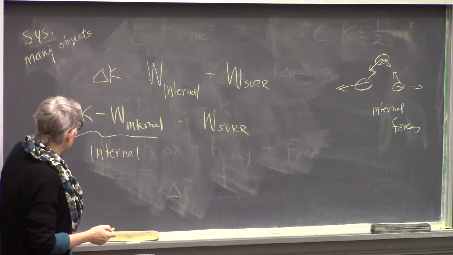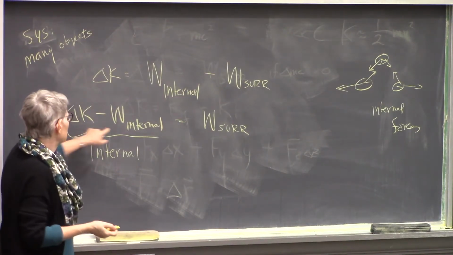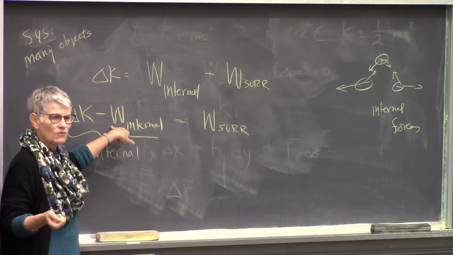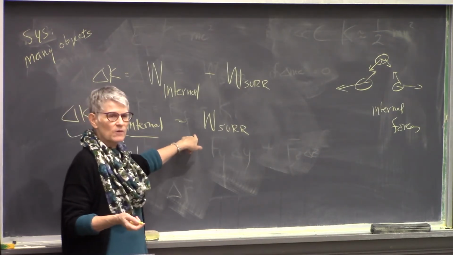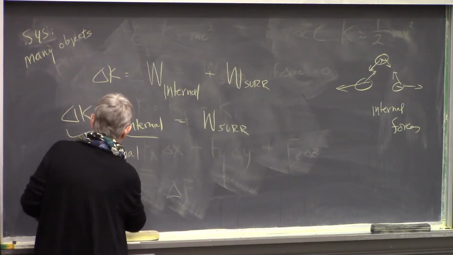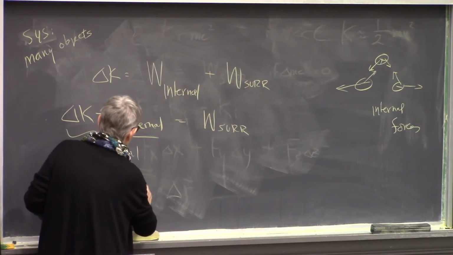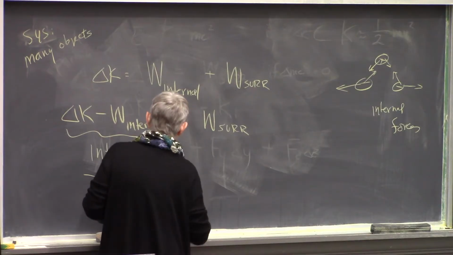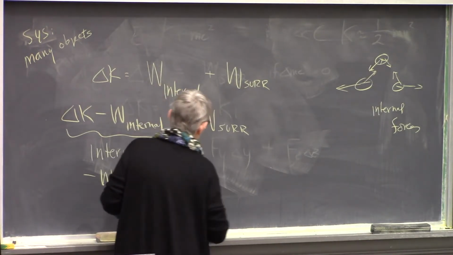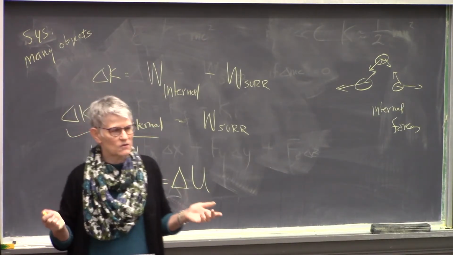So the sum of the change of kinetic energy of the system and the negative of the internal work, the work done by internal forces, is equal to the work done by the surroundings. And we called this thing, the minus internal work, the change in potential energy of the system, right?